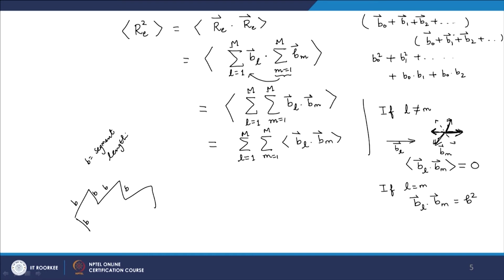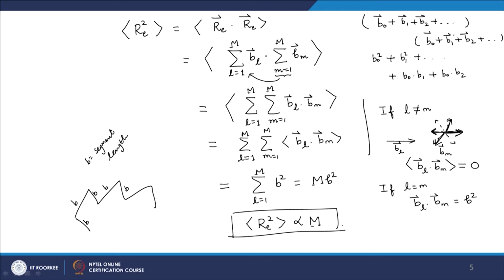So, then we can replace this particular sum by something like b squared, which is equal to m b square. What it really means is R_E square is proportional to m.